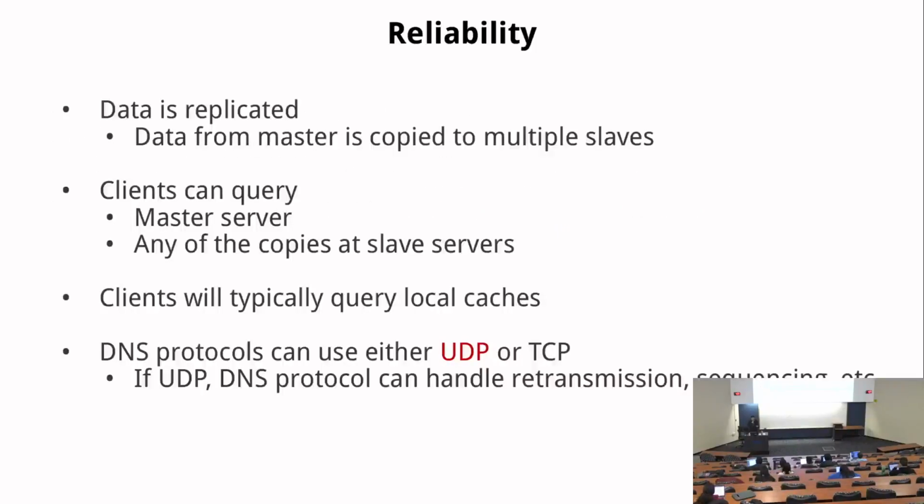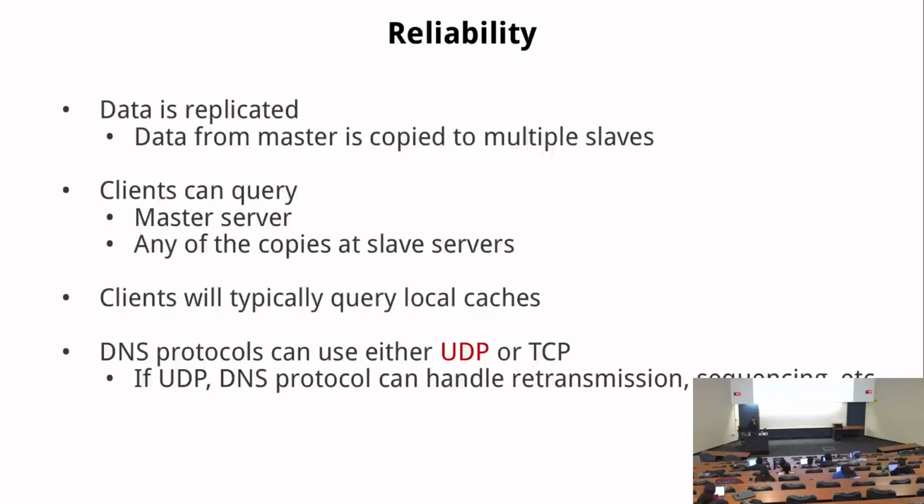To achieve reliability, in DNS, data is replicated. Data from the master is copied into multiple slaves, and clients can query the master server, and they can also query slave servers. Usually, clients first query their local cache.